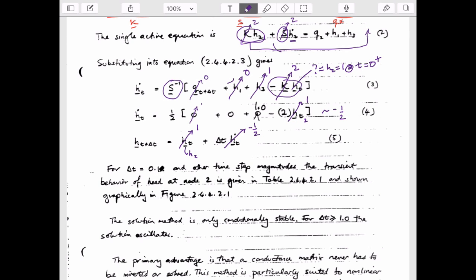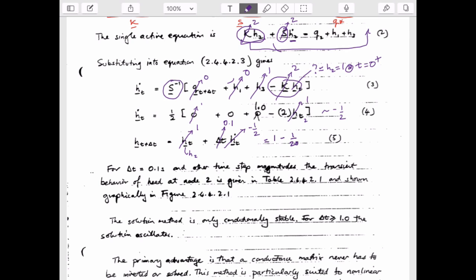And so we have to choose a time step. If we choose a time step of 0.1, then delta t becomes 0.1. So a 10th times a half is going to be a 20th. So in other words, this will equal 1 minus 1 over 20.